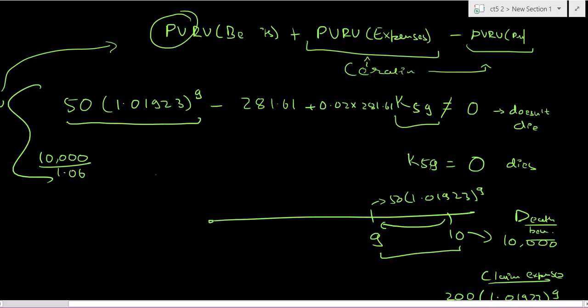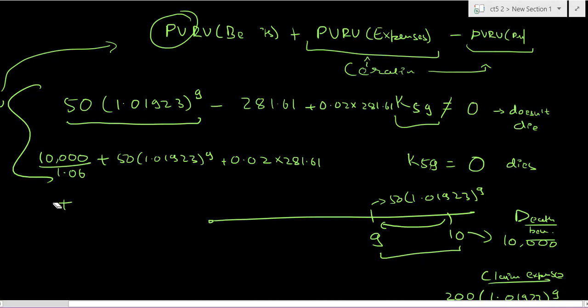Then there are expenses. These two expenses are as they are: 15 into 1.01923 to the power of 9, and 0.02 into 281.61, right? These are as they are. Apart from that, there is one more expense.